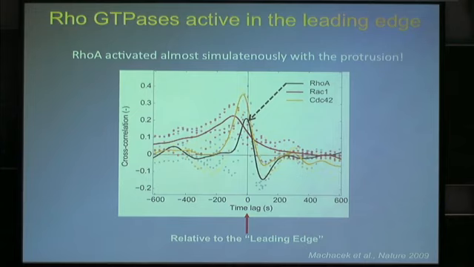And then you can cross-correlate that and look how the maxima are shifted. You can read it really the way you see. If you have a protrusion initiating, just briefly after that RhoA is highly active, then we have CDC42, and in a broader gradient we have Rac activated.